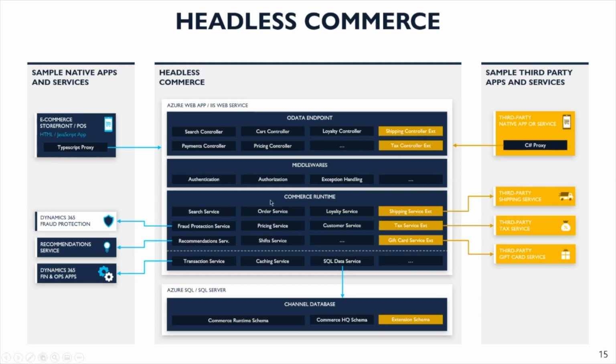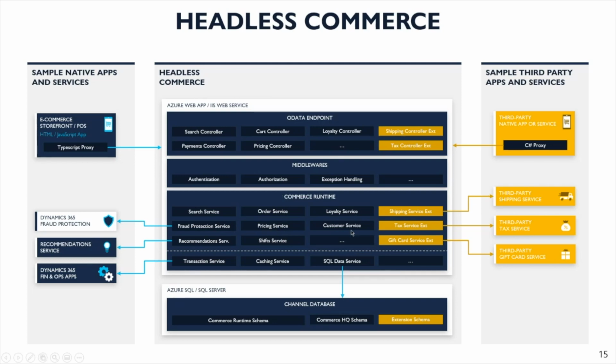To expose any of this business logic, you need to create an API. All our existing business logic is exposed through this API. If you create your own business logic and want to expose it, then you need to create an OData endpoint too. It's very simple to create and expose an OData endpoint for your new business logic. I'll quickly show that in the demo.